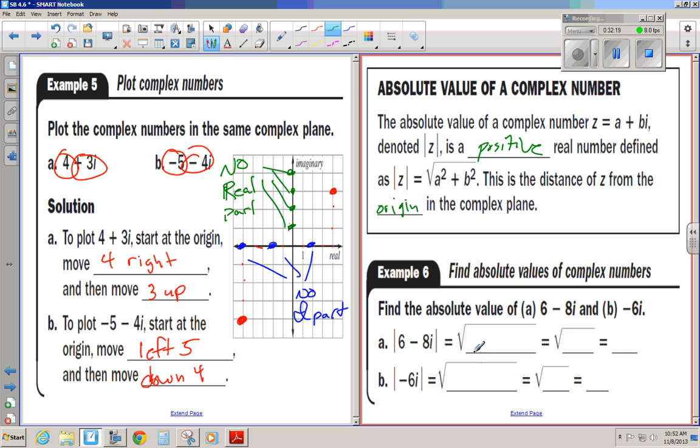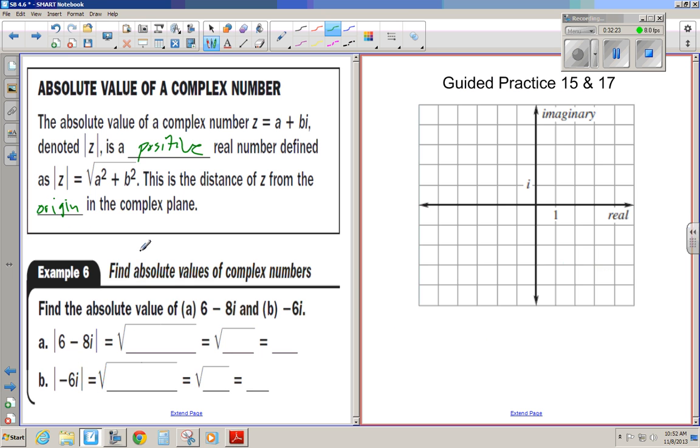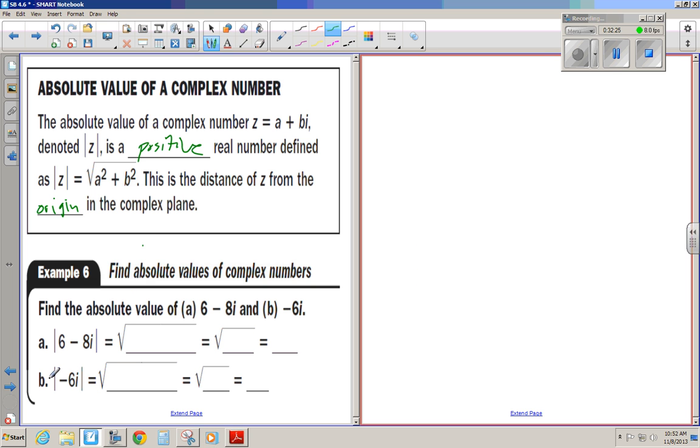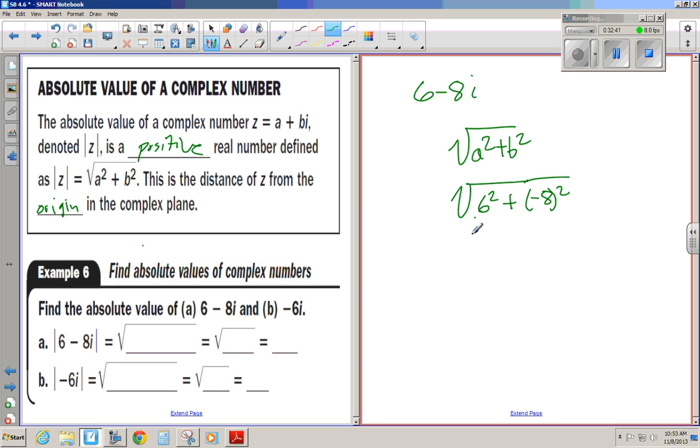So basically, for 6 minus 8i, it's the square root of a squared plus b squared. Well, that's the square root of 6 squared plus negative 8 squared, which is the square root of 36 plus 64, which is the square root of 100, which is 10.